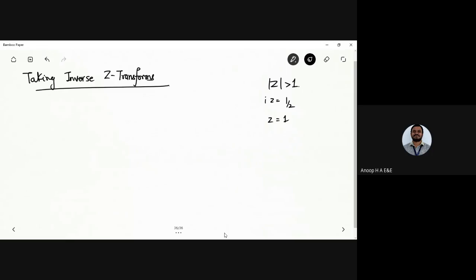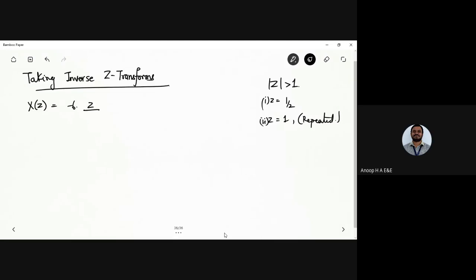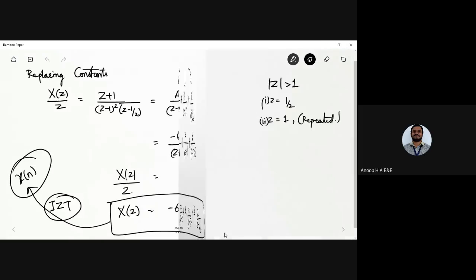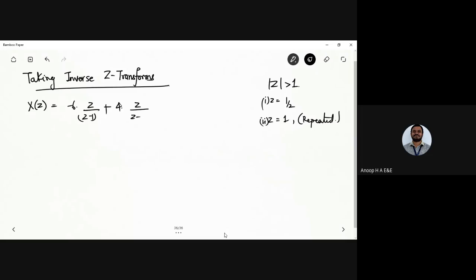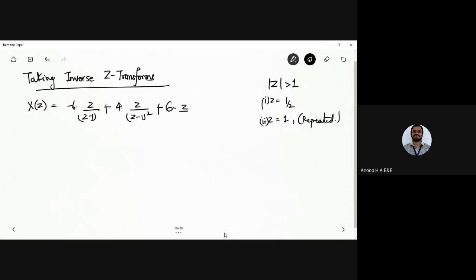Now x of z would be equal to minus 6z divided by z minus 1 plus 4z divided by z minus 1 the whole square plus 6z divided by z minus 1 by 2. Okay, so you are going to have the inverse z transform, taking mod z greater than 1. So this is the ROC here, mod z greater than 1.